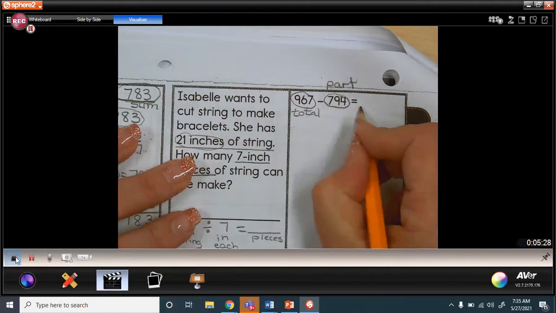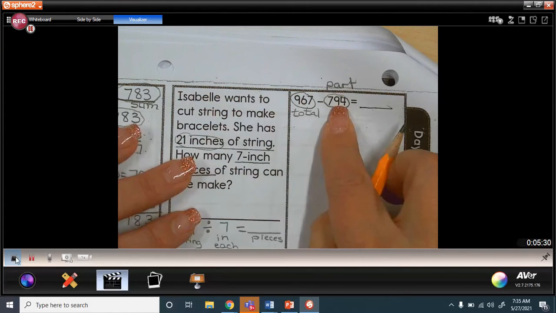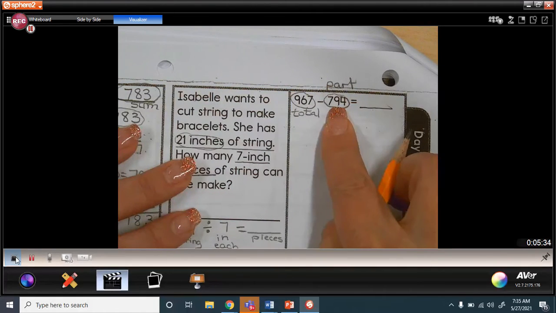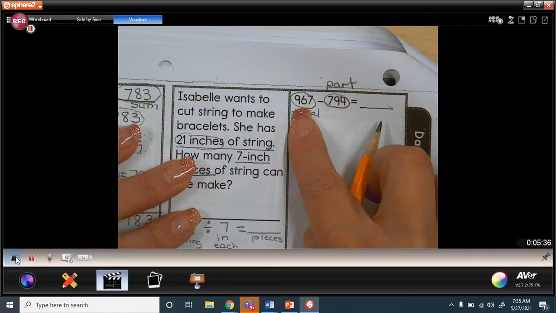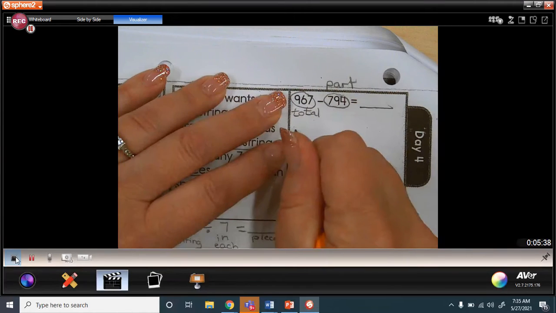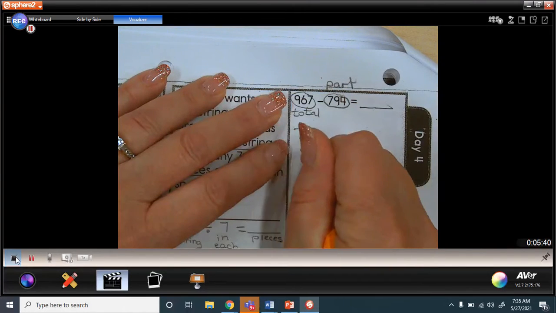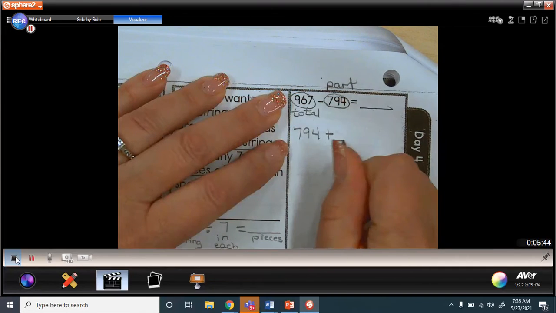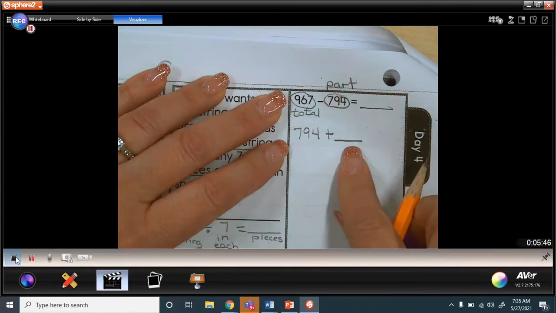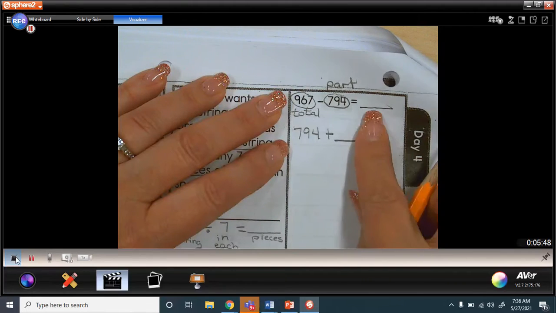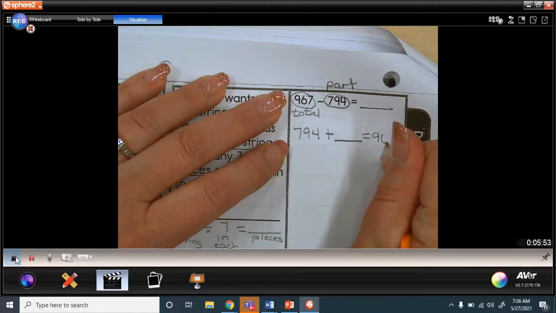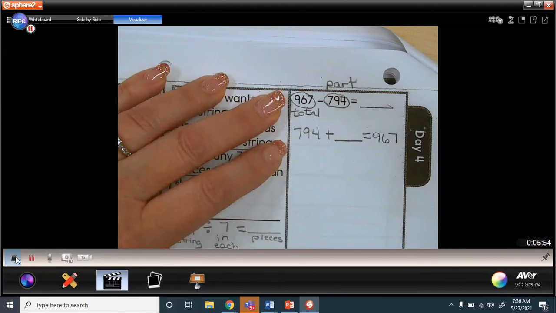We want to find out what the other part is when we add this amount to this amount to bring up our total. So basically what we know is we have 794, which is part of that. We don't know the other part because that's what we're looking for, but when we add them together, they should come up to be 967.